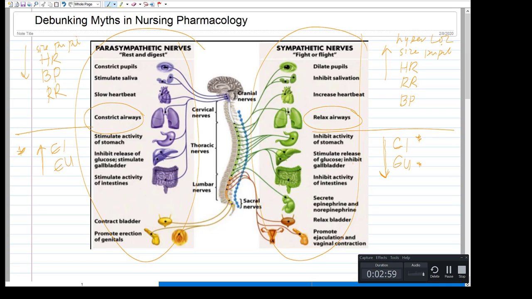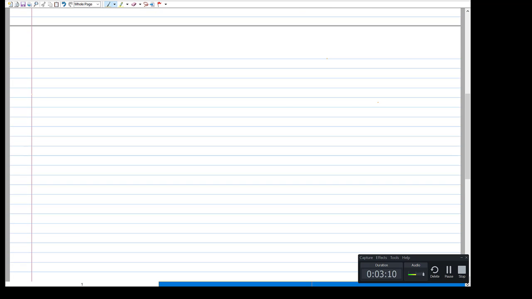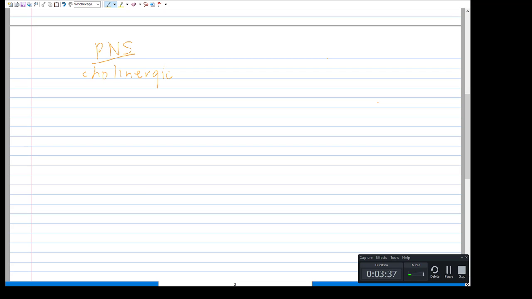Now, as we discuss the effects of parasympathetic versus sympathetic, you also have to be familiar with the terminologies that pharmacology uses, so that if you see the category or class of the drug, you'll already know what the mechanism of action of that drug is. For example, for PNS, parasympathetic nervous system, another name is cholinergic, because if PNS is activated, acetylcholine is released.